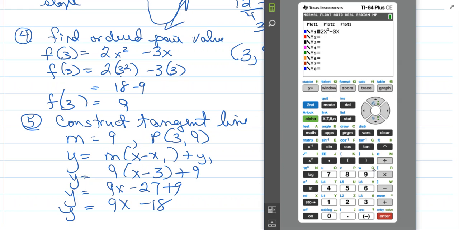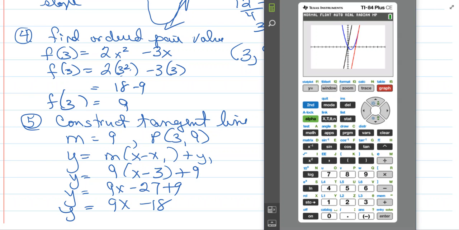And I'm going to put our tangent at 9x minus 18. And I'm going to put my parallel line, which was 9x plus 1. All right, now remember, this one's parallel to that one because the 9s are the same, and we're looking at that. All right, so I have it on a 10 by 10.